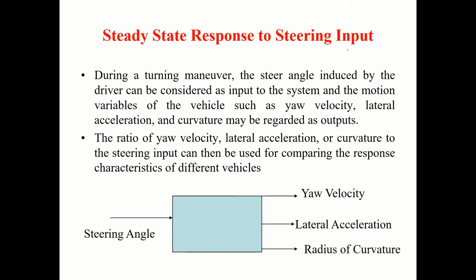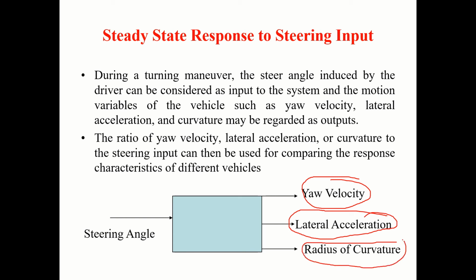Steady state response to steering input. There are three outputs here: yaw velocity, lateral acceleration, radius of curvature. Three outputs, and steering angle is the input. During a turning maneuver, the steer angle induced by the driver can be considered as input of the system, and the motion variables of the vehicle such as yaw velocity, lateral acceleration, and curvature may be regarded as outputs.